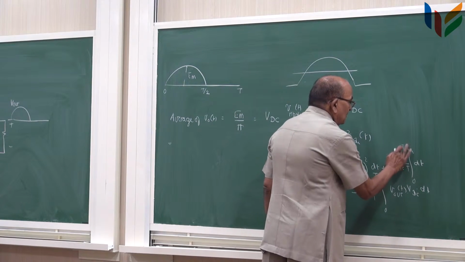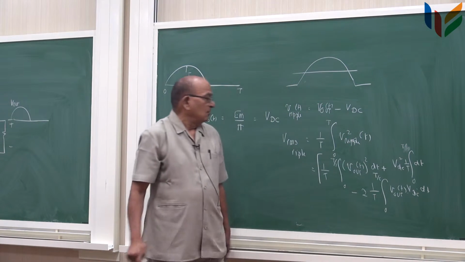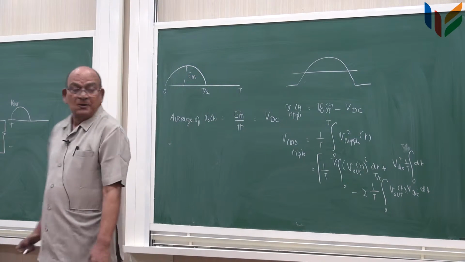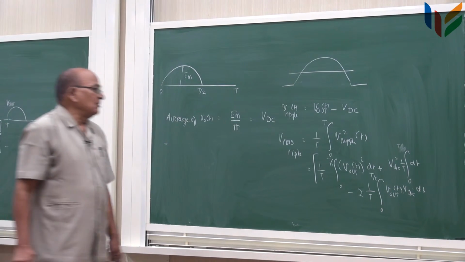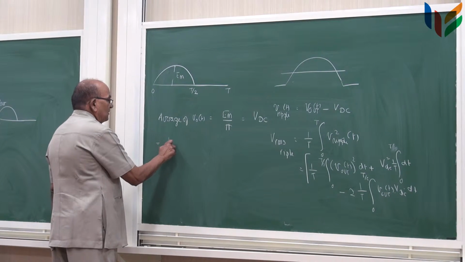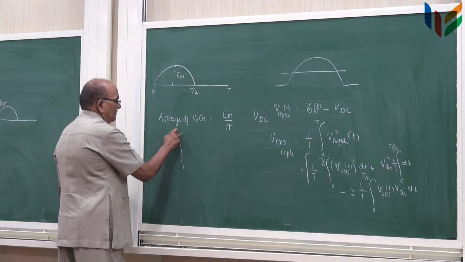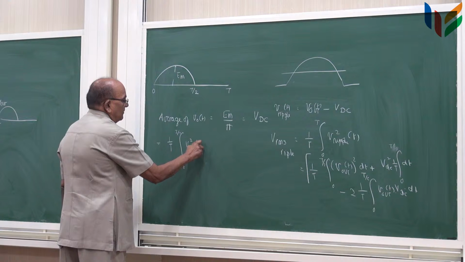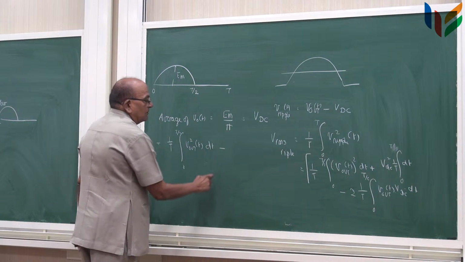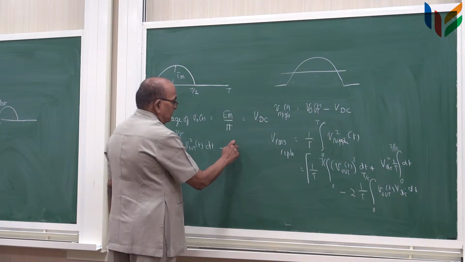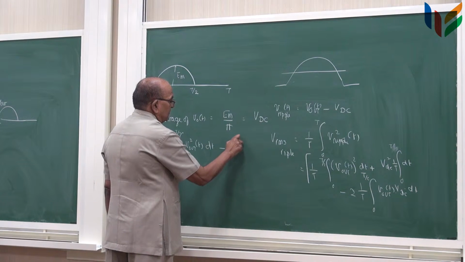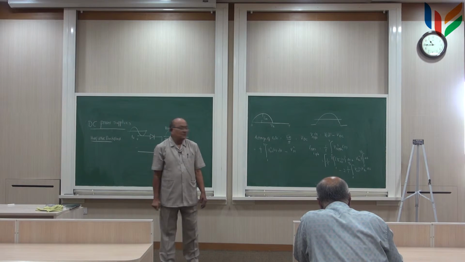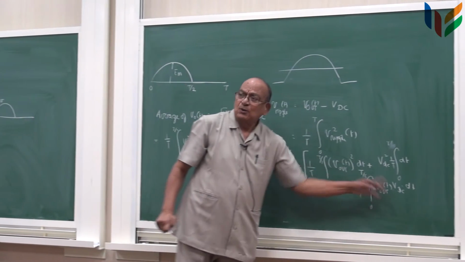This should be T. Since it's 0 to T, that also will be 0 to T. So this will be equal to 1 by T, because VDC is a constant here, you pull this out.